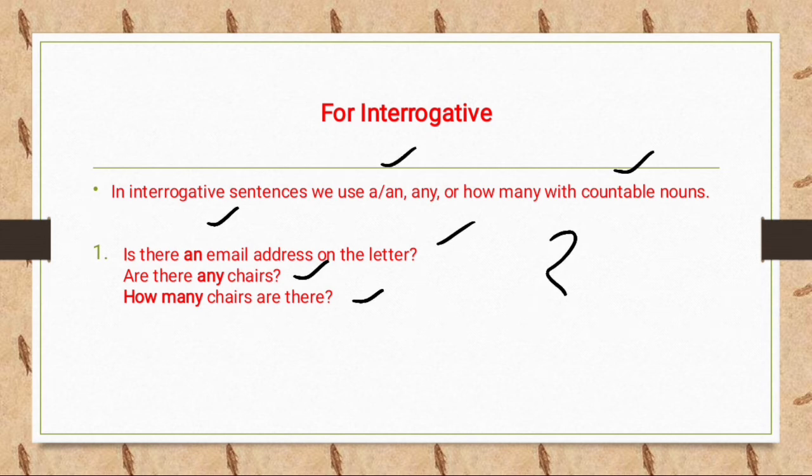How many chairs are there? So remember, in interrogative we use a, an, any or how many with countable nouns. Chairs are countable, and the same with emails, if we want to read or write, they are countable.